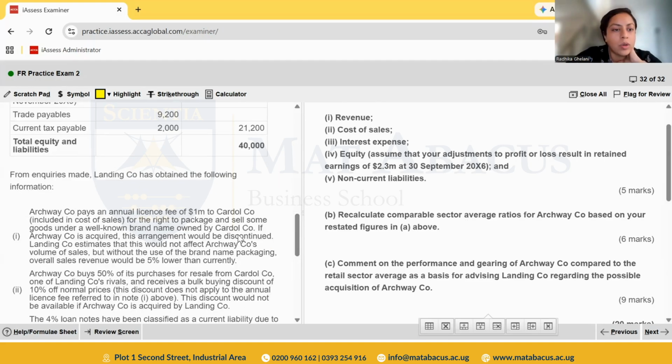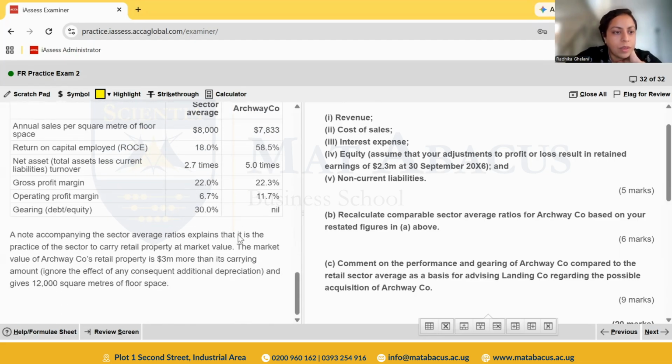But don't forget, there was a note we read down. The note accompanying the sector average ratios explains that it is the practice of the sector to carry retail property at market value. And the market value of Archway Company's retail property is 3 million more than the carrying amount. So that is an upward revaluation, okay? And remember, this would be included in the revaluation reserve.